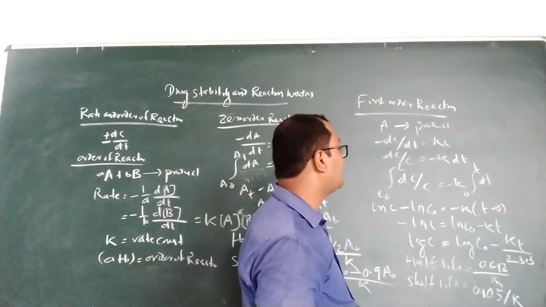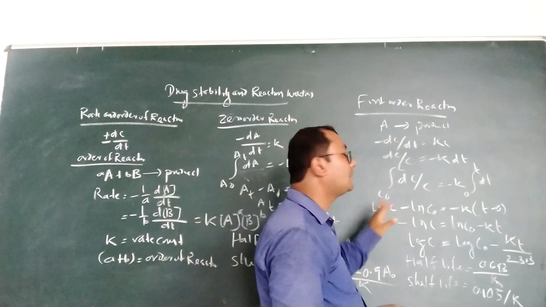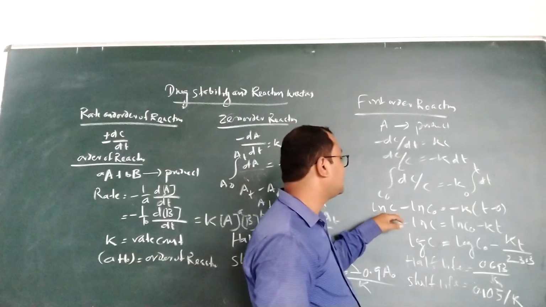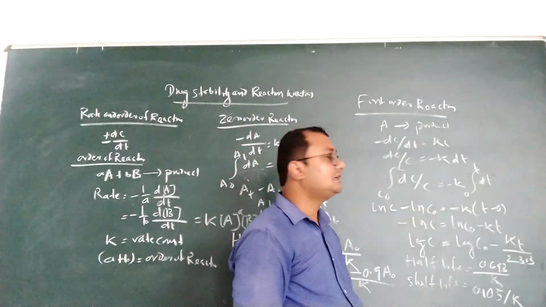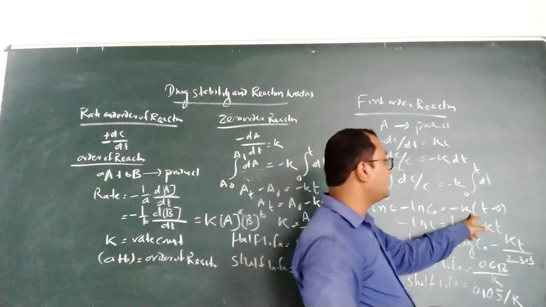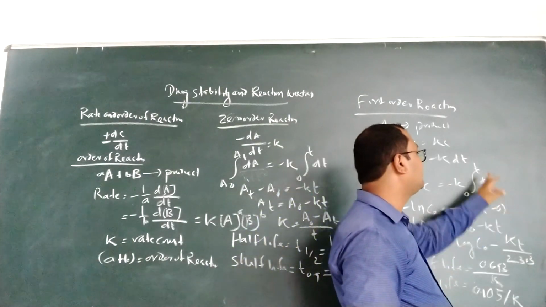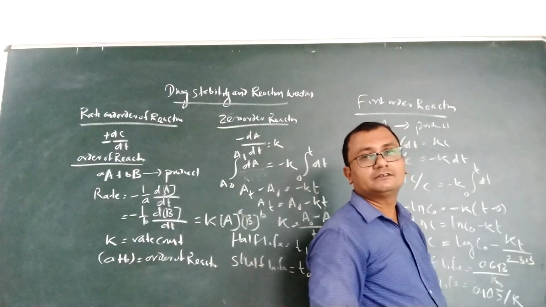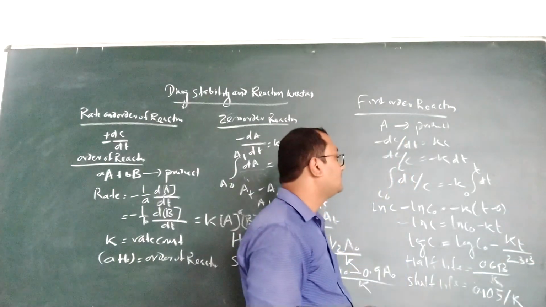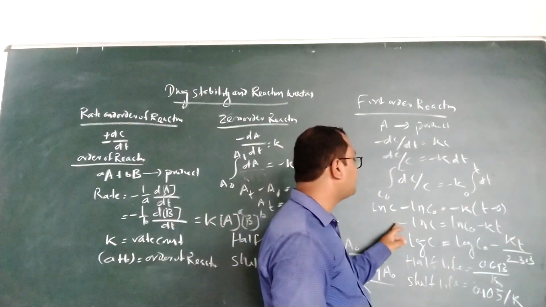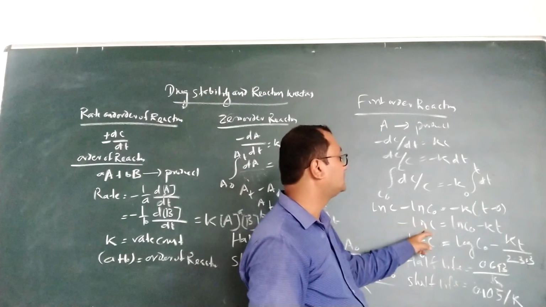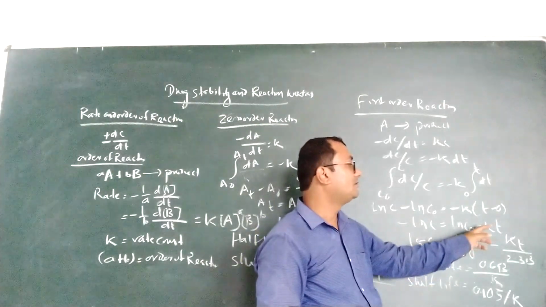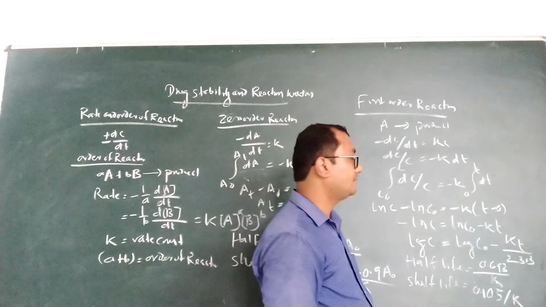After integration, what will we get? We will get ln C minus ln C0 equal to minus K into t minus 0, because we are taking 0 to t. Then the final equation will be ln C is equal to ln C0 minus Kt.